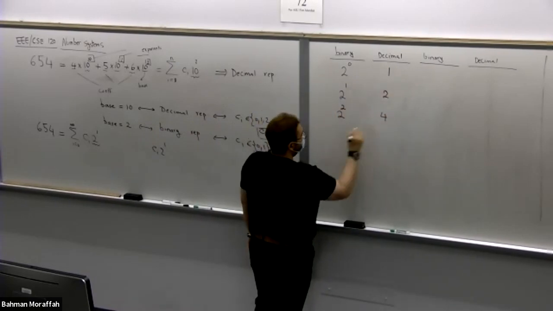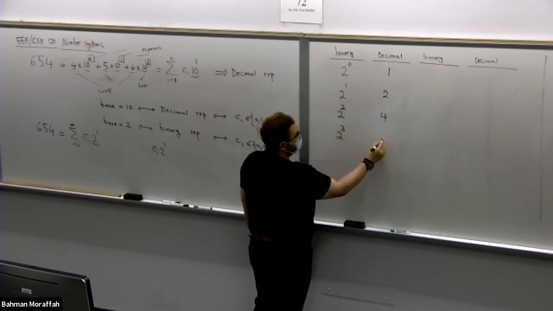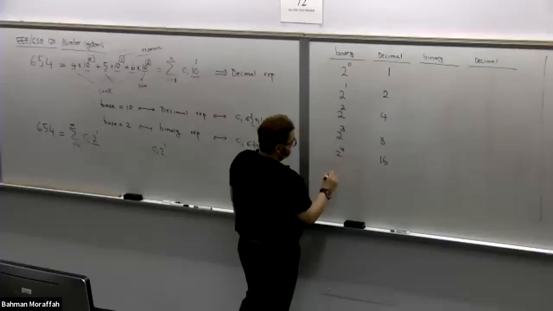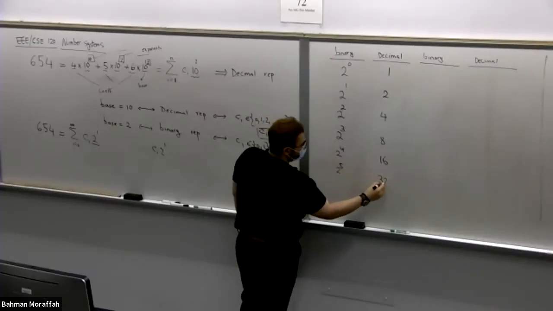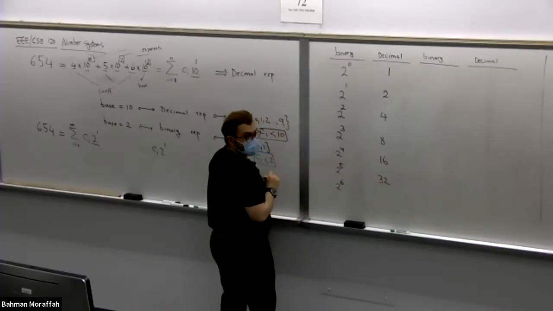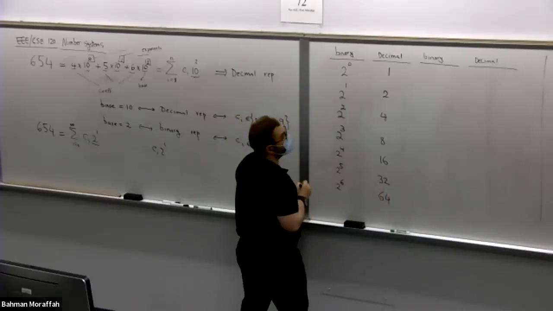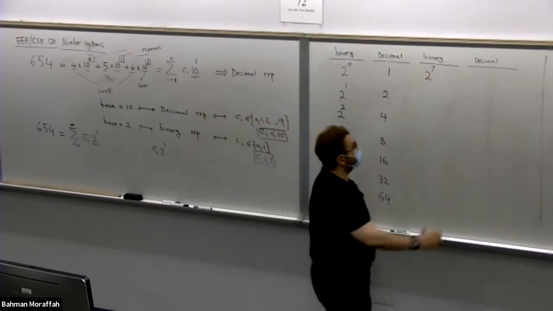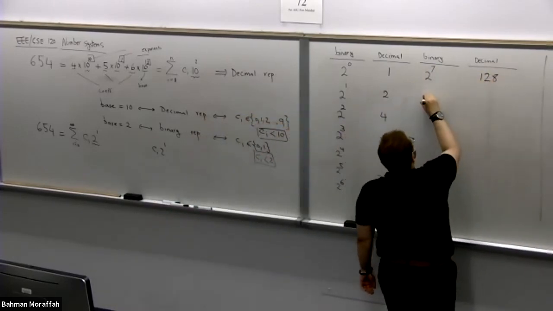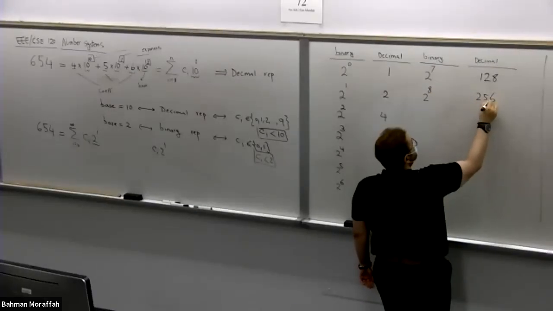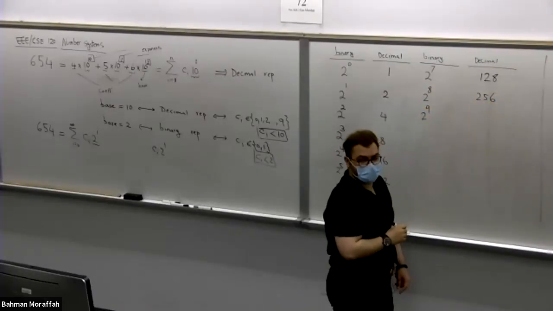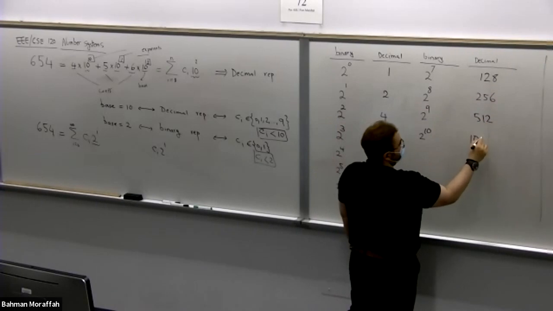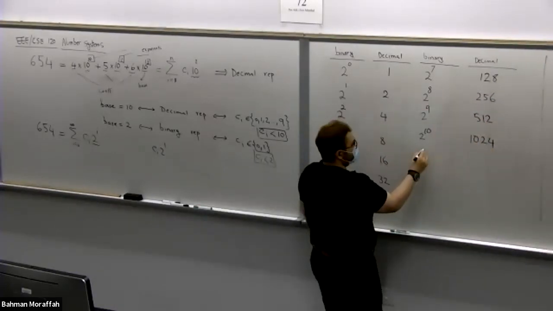It's 4. 2 to the power 3? 8. 2 to the power 4? 16. 2 to the power 5? 32. 2 to the power 6? 64. 2 to the power 7? 128. 2 to the power 8? 256. 2 to the power 9? 512. 2 to the 10? 1024. 2 to the 11?